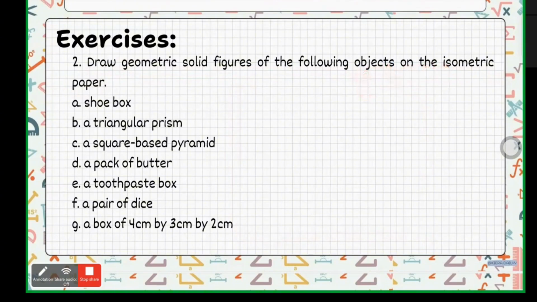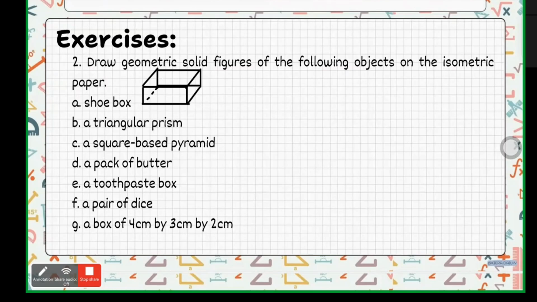So let's say, for example, I'm going to try to draw a shoebox. A shoebox is an example of a cuboid. Okay, so how we draw a cuboid is we make two rectangular shapes, and then we just connect the lines, and that will be our shoebox.